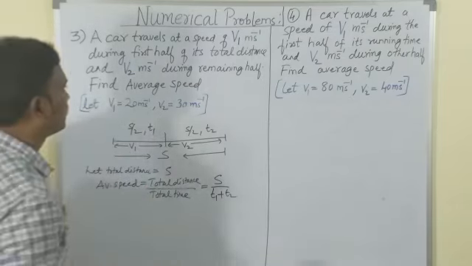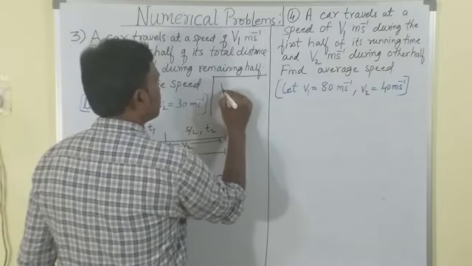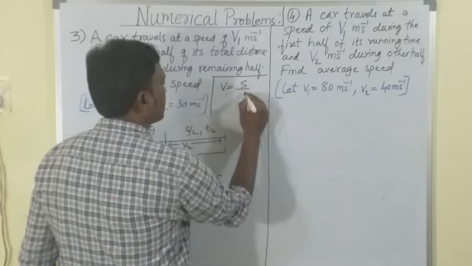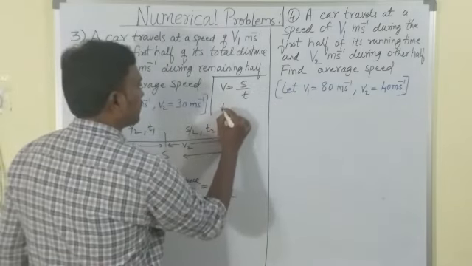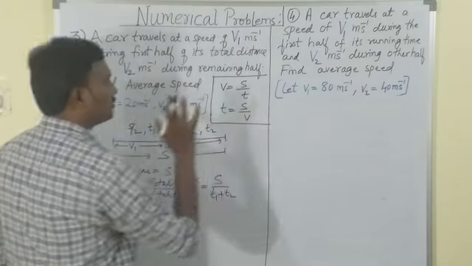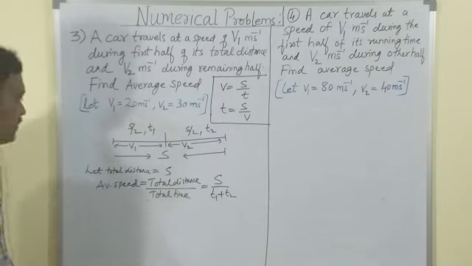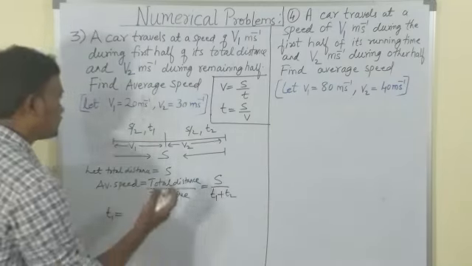For this, we know that speed is distance by time, and if you want time, you can write distance by speed. So what is t1 here? T1 is distance by speed. What is the distance?